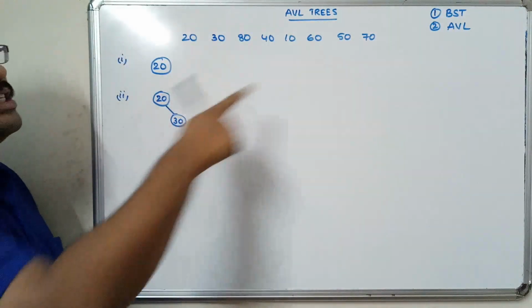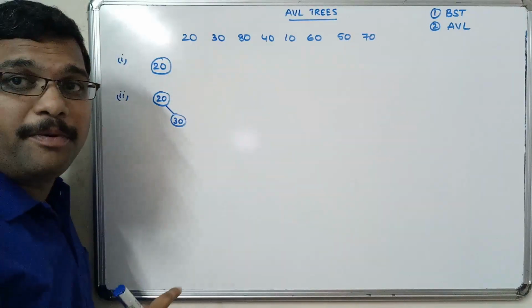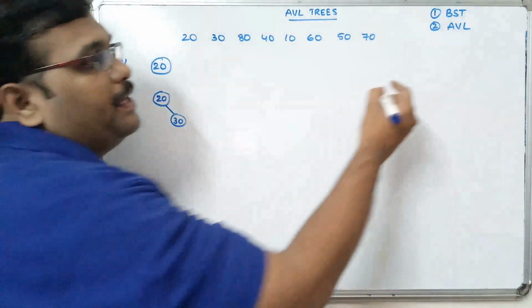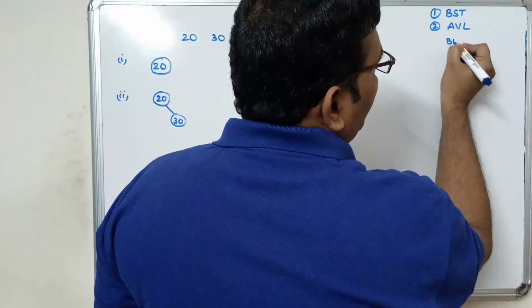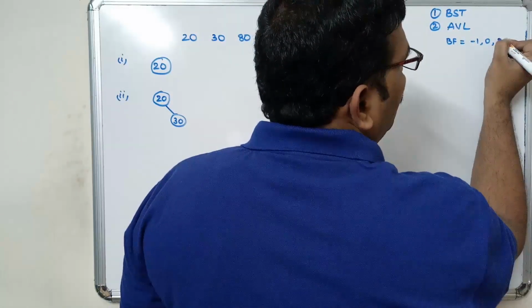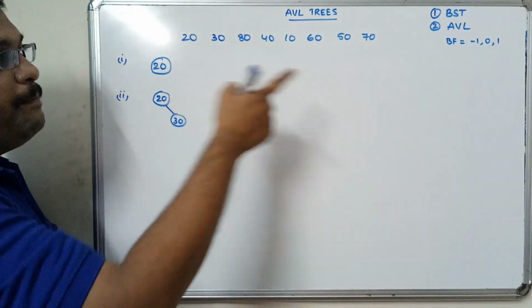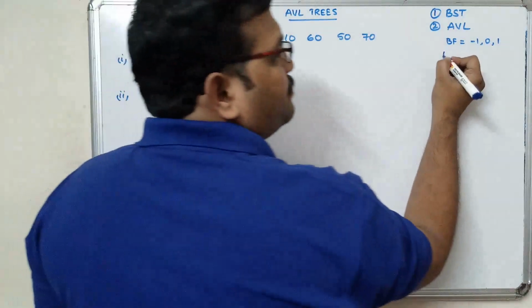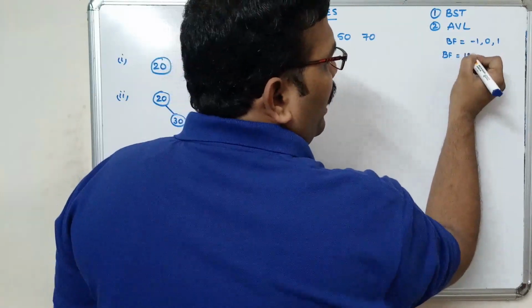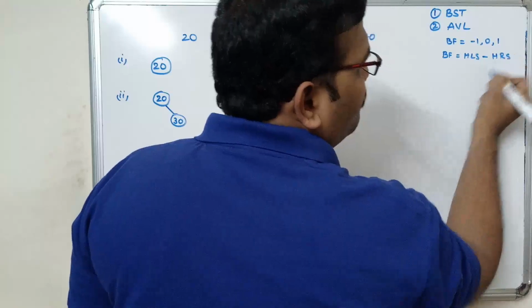Right. So this is the first one. Second one, AVL property. AVL property means this balancing factor should be either 1, 0 or -1. Right? So balancing factor means height of left subtree minus height of right subtree.